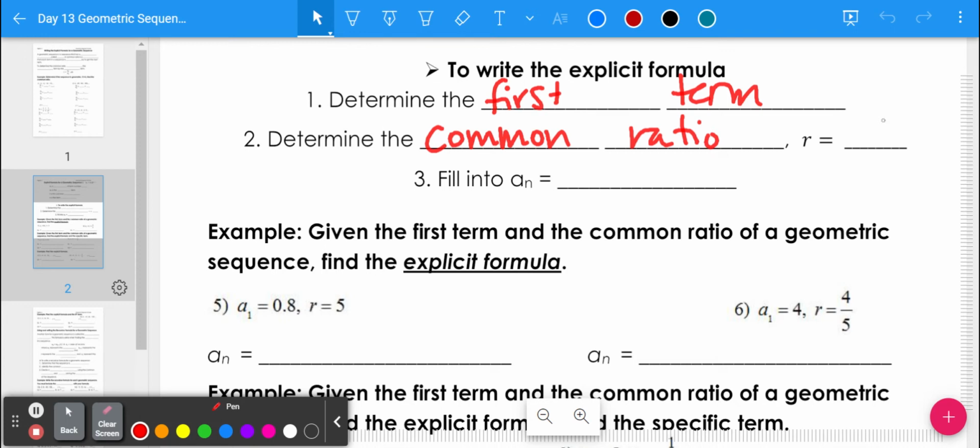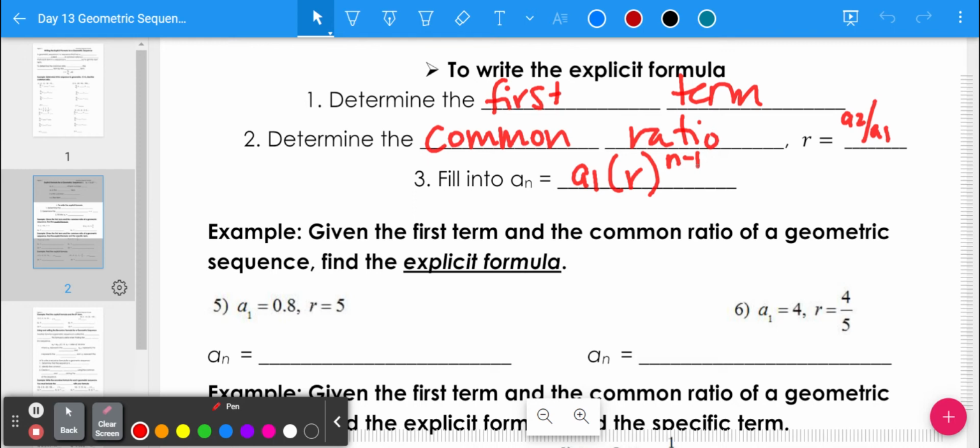You can find this by plugging in A2 divided by A1, A3 divided by A2, A4 divided by A3. And then we want to fill it in to the formula, where we know that it's A1 times the common ratio to the power of n minus 1. Make sure you know that n minus 1 here is an exponent.